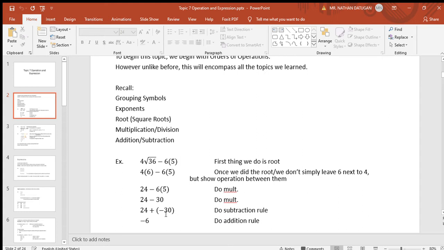Different signs, so we subtract the absolute value of negative 30 minus the absolute value of 24. So 30 minus 24 is 6. But we're not done yet. The sign of our answer will be the sign of the larger number, absolute value wise. The absolute value of negative 30 is way larger than the absolute value of 24. That means we're going to use the sign of negative 30. That's why we have negative 6.